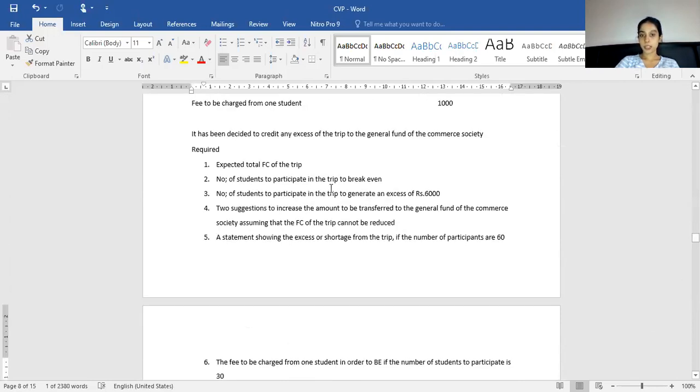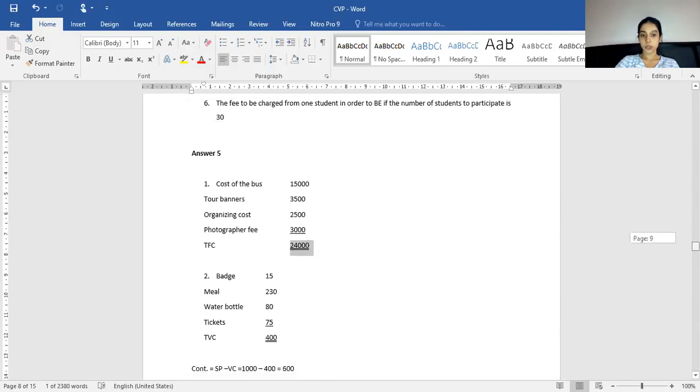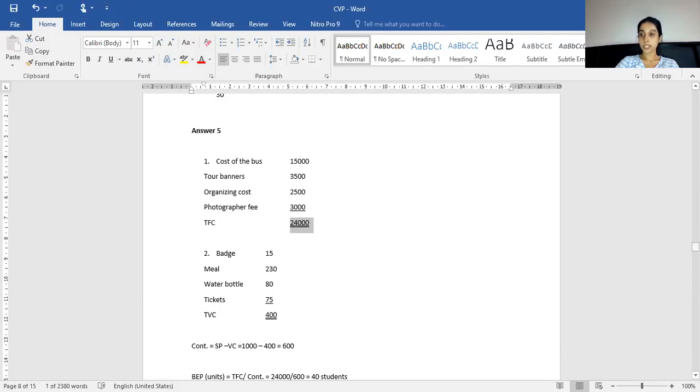Number of students to participate in the trip to break even, number of units they asked. So now we have the total fixed cost, then we need the contribution per unit. From this information, you have to extract all the variable cost related information. Batch cost per student, meal, water bottle, tickets, all costs are variable costs.